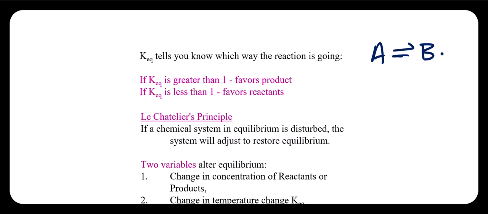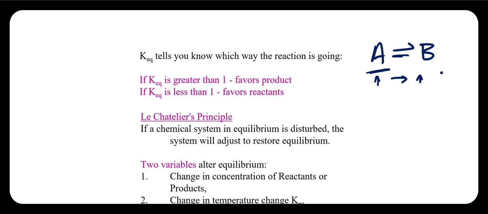The way we're going to mess up equilibriums is we're going to add or take away product or reactant. So what will happen is if I'm in equilibrium and all of a sudden I put in more A, so my concentration of A increases, some of that will shift over and increase my concentration of B. So I get a new equilibrium with more of both.